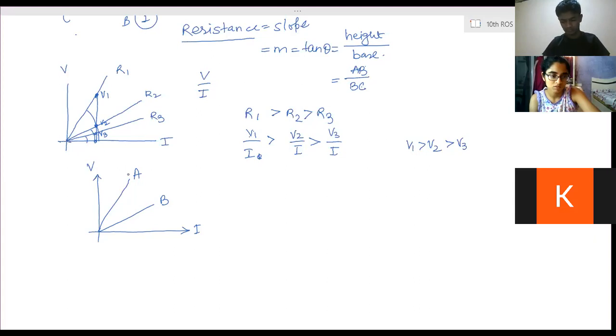Okay. And then the next one is the resistance definition, the actual definition of resistance. It is the property of a conductor which obstructs the flow of charges.